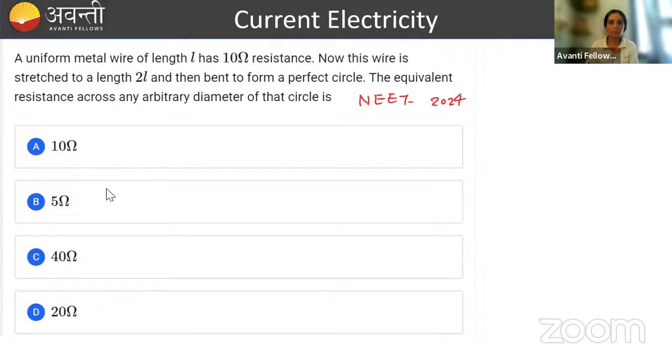Think once, go through your calculation once. Let's see. Okay, I got 10 answers and only one is correct.